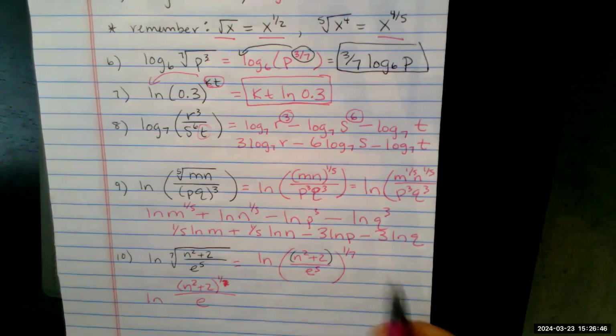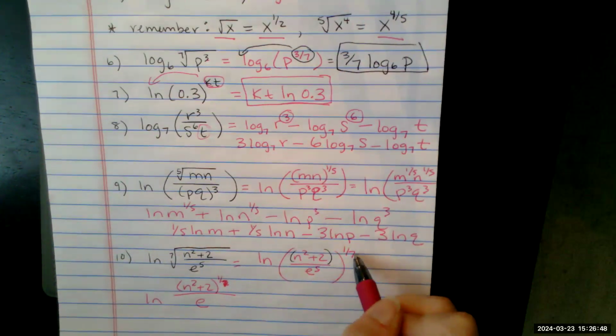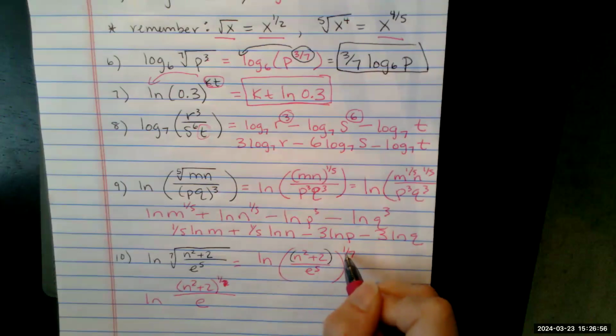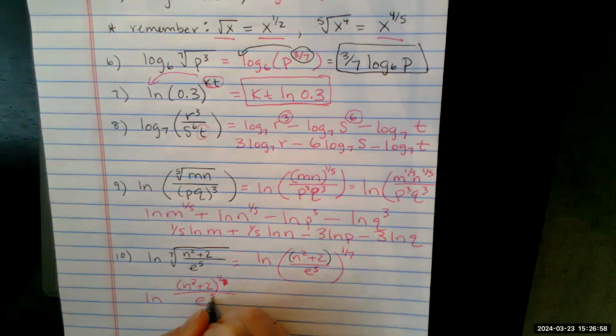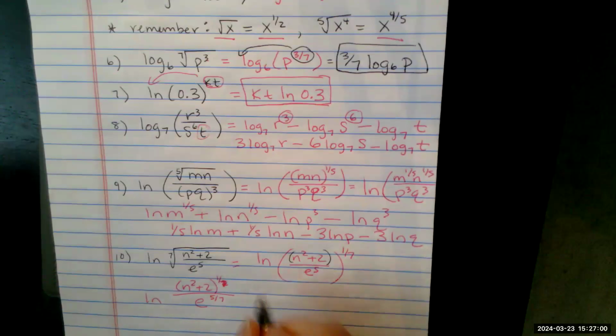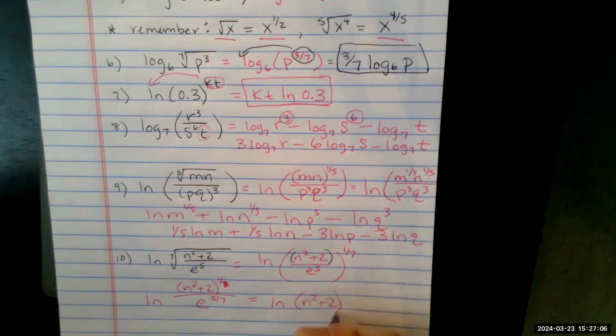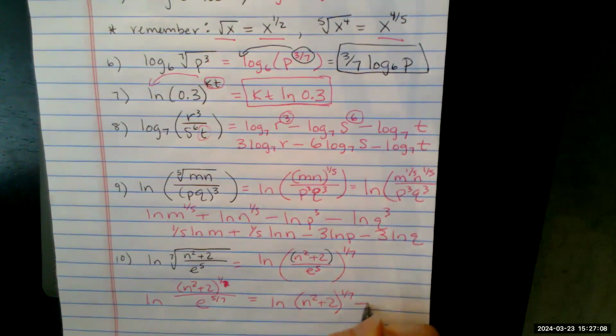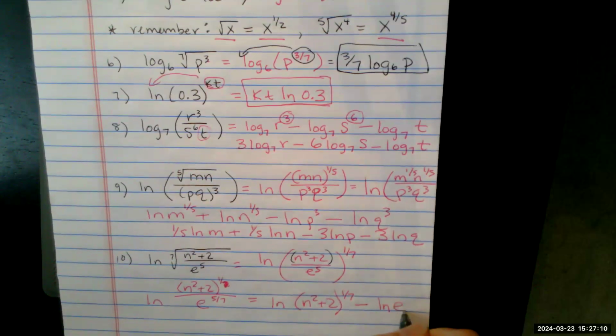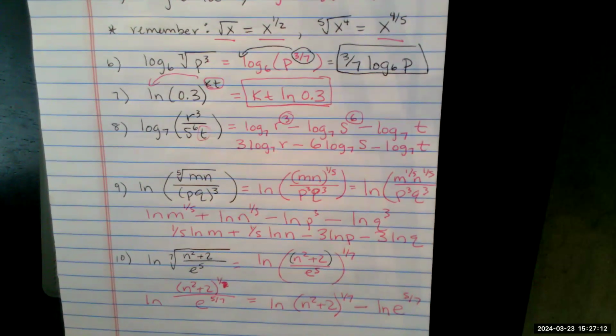And the e, since it has a power, remember you multiply powers if you have one power raised to another power. You don't add them, you multiply. So 5 times 1/7 is just 5/7. So now I'm going to separate them. ln of all of this to the 1/7 minus ln e to the 5/7.